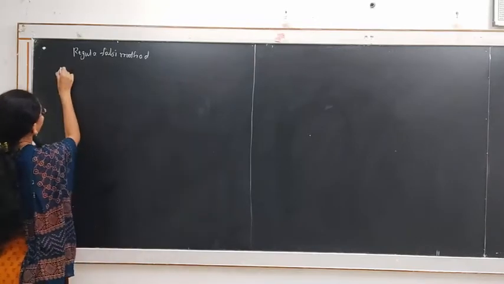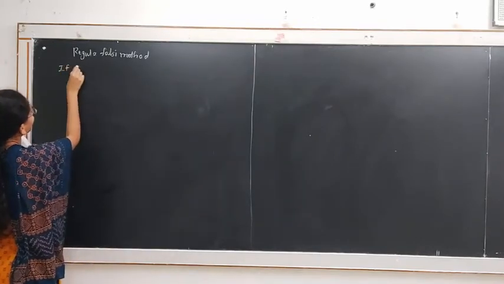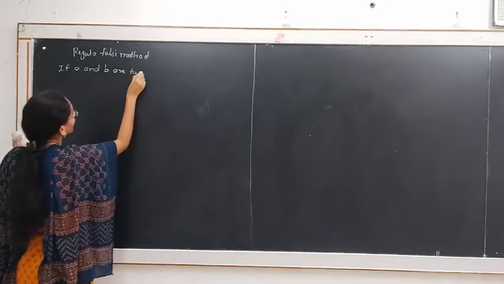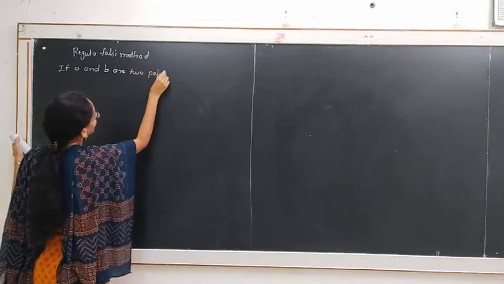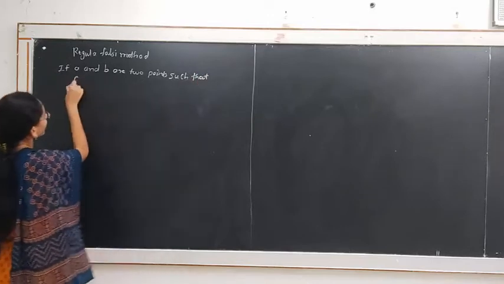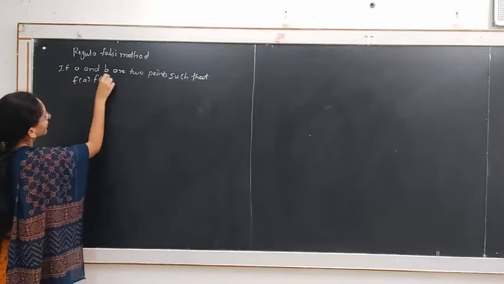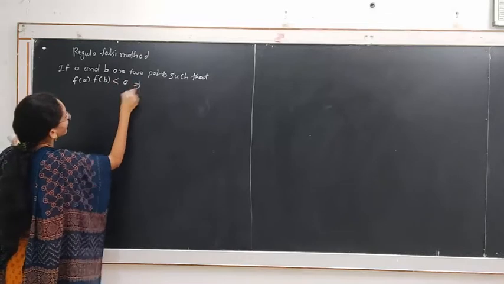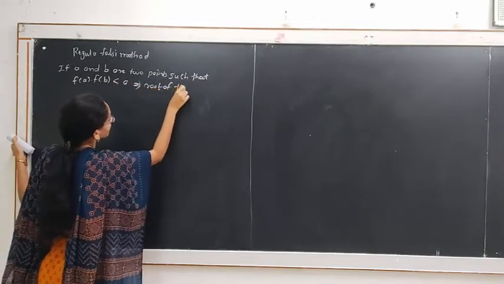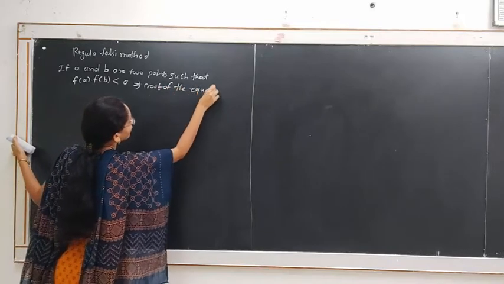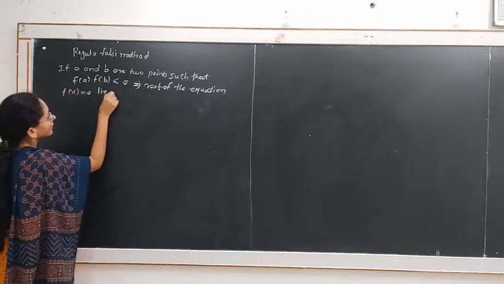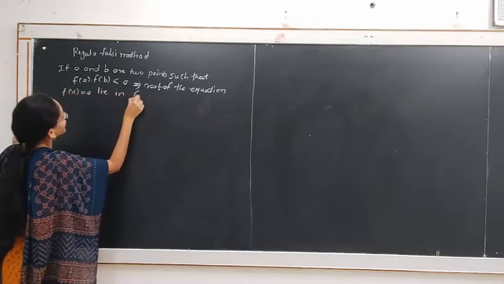For given two points such that f(a) times f(b) is less than 0, this implies the root of the equation f(x) = 0 lies in the interval a to b.